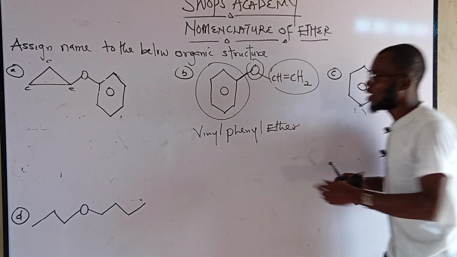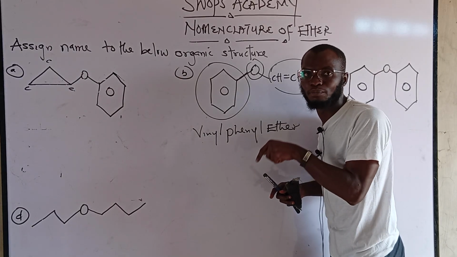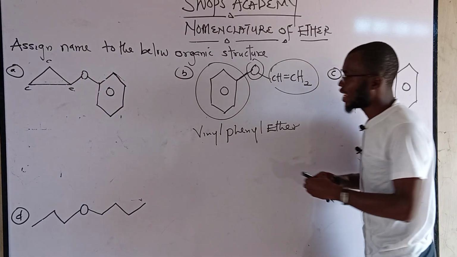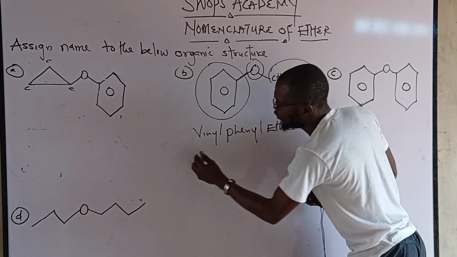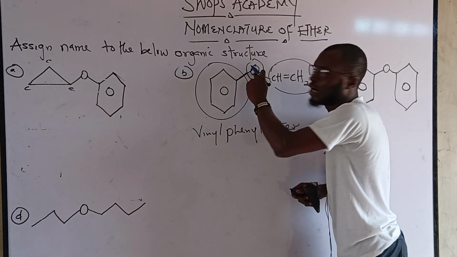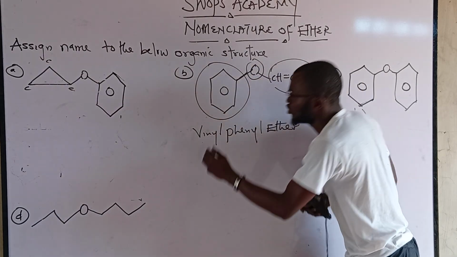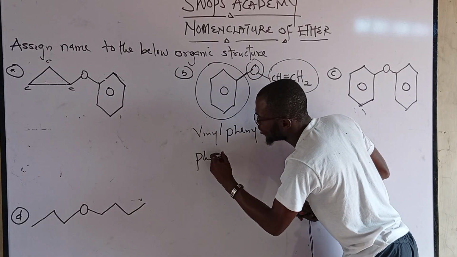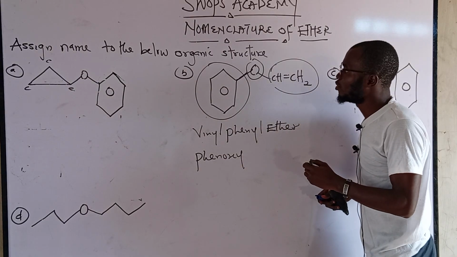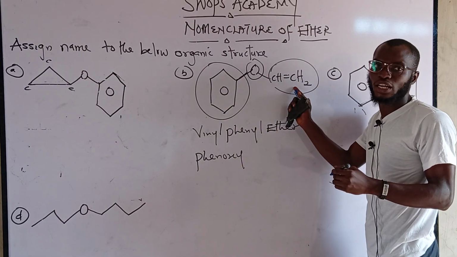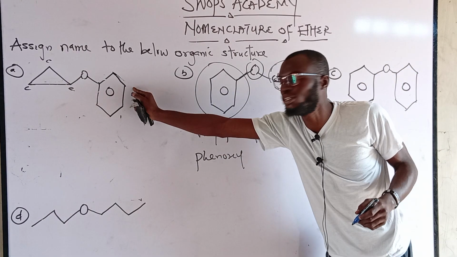Are we together? Now, what of the substitutive method? What would that be? I can say phenoxy. This one, I can join it with this ether. It will now be phenoxy. Am I communicating? Then you make the other one the parent name, as we did for this one.